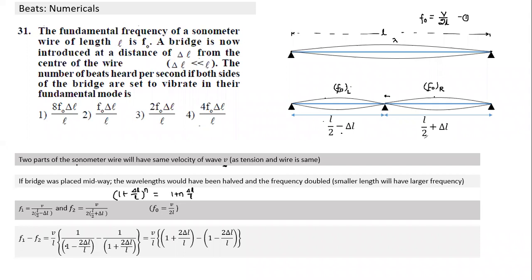What is left is L. So what is left inside here? 1 minus 2 delta L by L. And how does this term become equal to this? This whole term is nothing but raised to power minus 1, and we use this binomial approximation. This is the expression. And this is pretty simple. These two terms cancel out. This term gets added. So it becomes 4 delta L. So this is a fairly simple simplification.